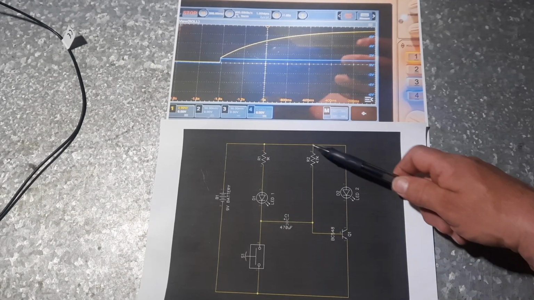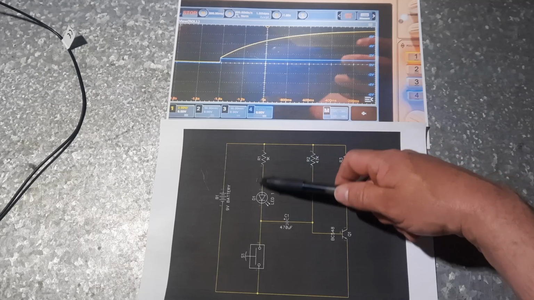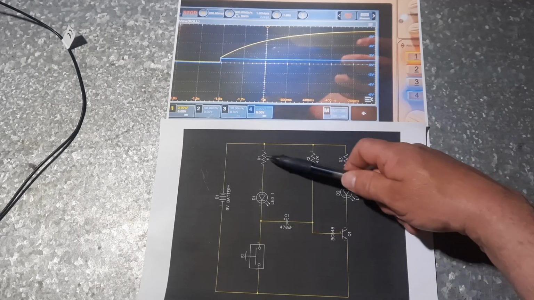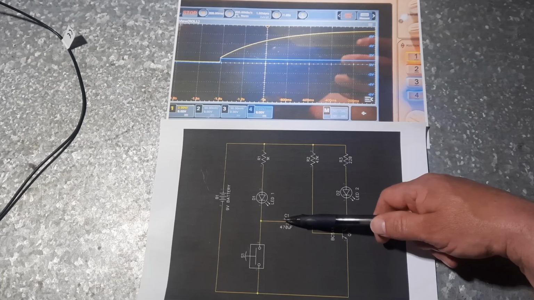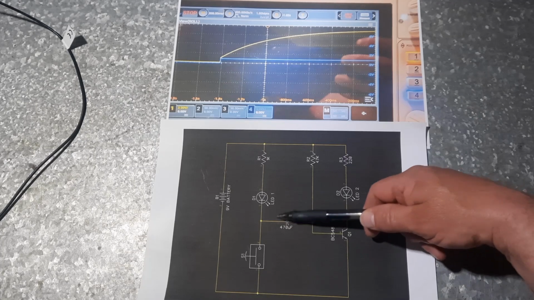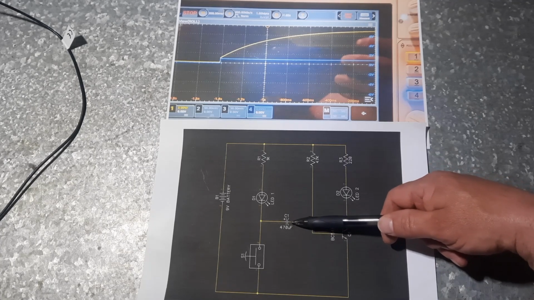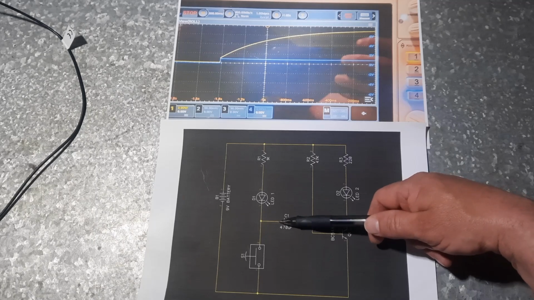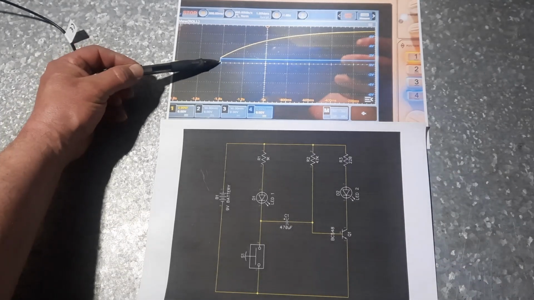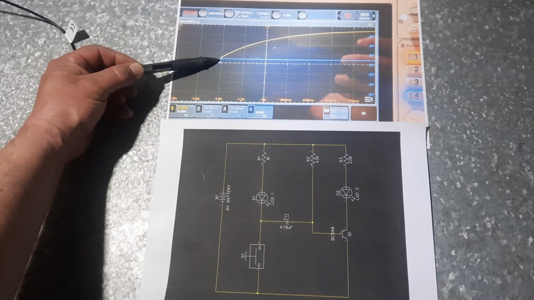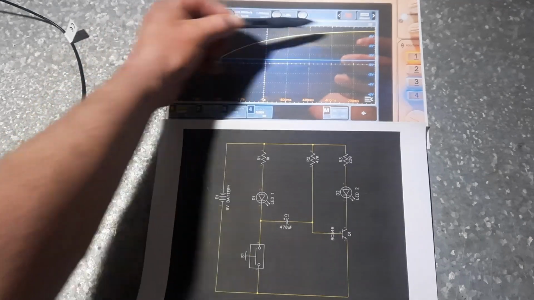At the same time, because this is getting power, voltage down to it, this side of the cap, this capacitor is not going to start charging until this side gets to 0.7 of a volt as well, which is exactly what we're seeing here. As soon as it hits 0.7 of a volt, off it goes.